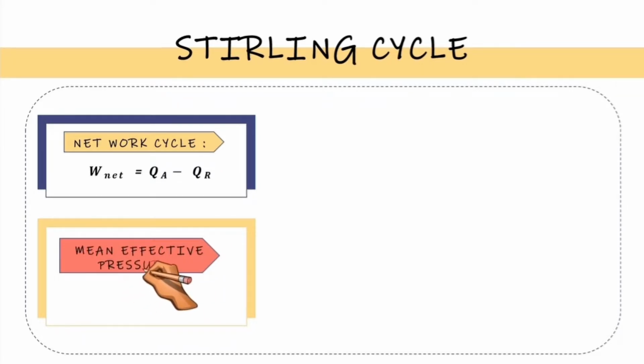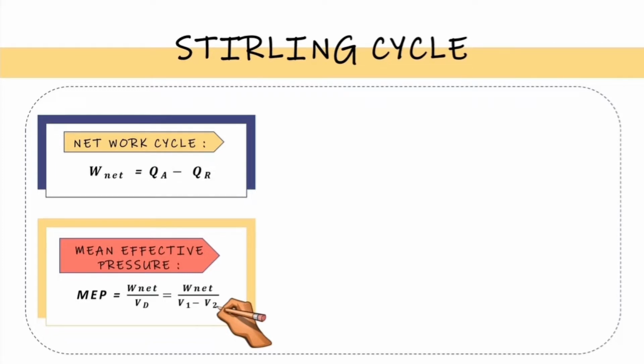Mean effective pressure is equal to the work net over volume displacement. So, MEP equals W net over VD, equals W net over V1 minus V2. Volume displacement is equal to the maximum volume minus the minimum volume.